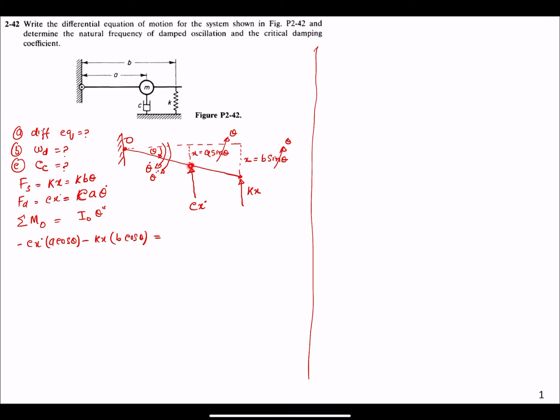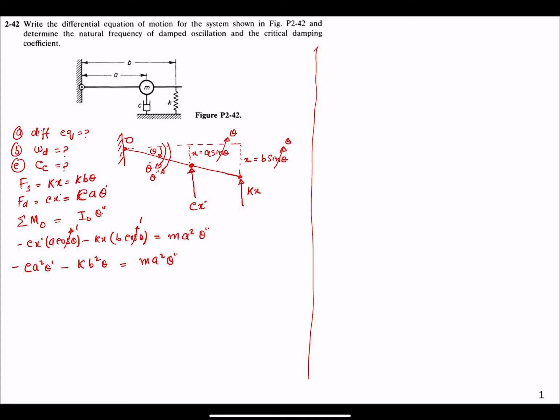I naught in this case is the second moment of mass, which is m a square, times theta double dot. Now we can put the values of x dot and x, and since the angle is small, cos theta is just equal to 1. So what we get is minus c a square theta dot minus k b square theta equal to m a square theta double dot.